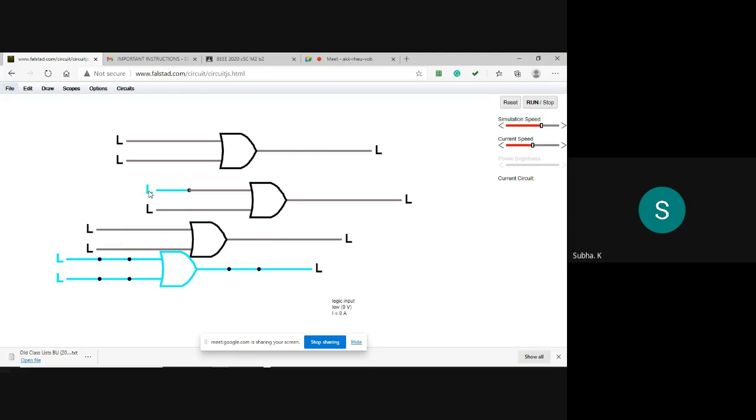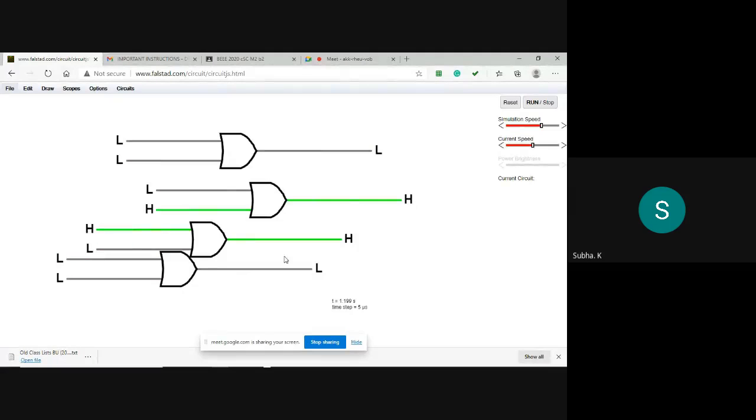Second case 0, 1. The first input is low, but the second input I am making high. Just click on it, it will change to high state. So 0, 1. What is the input that it is displaying? One, high. Another combination 1, 0. This one I am changing to high.